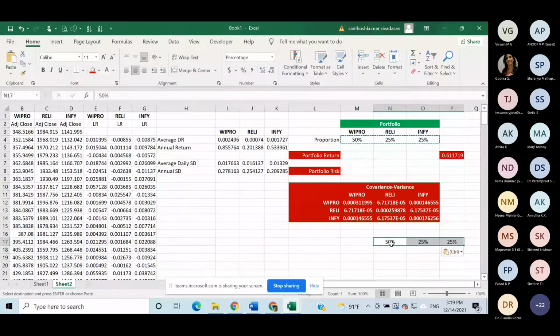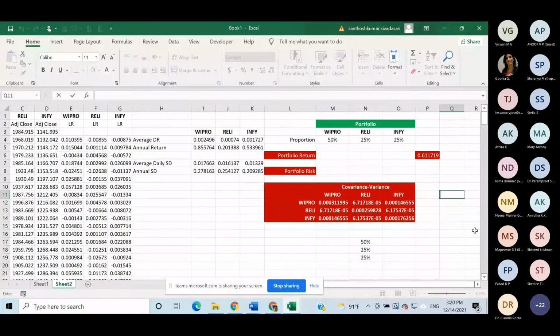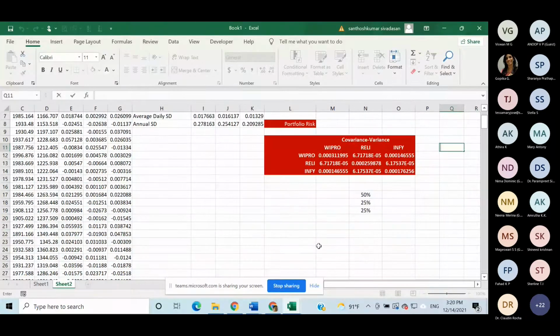Control V. I'm transposing it. The same proportion, 3 rows and 1 column here, and 3 columns and 1 row here. Why, I'll tell you later. So now we are finding out the portfolio variance.